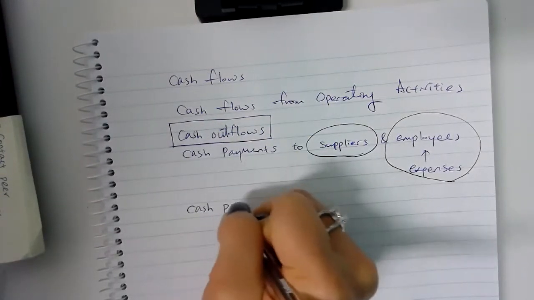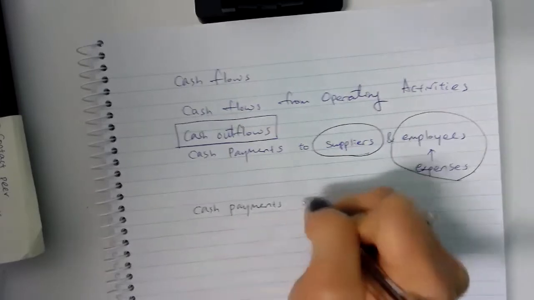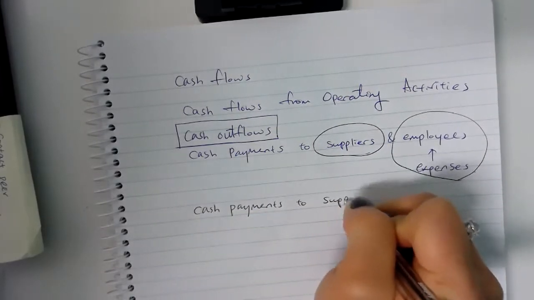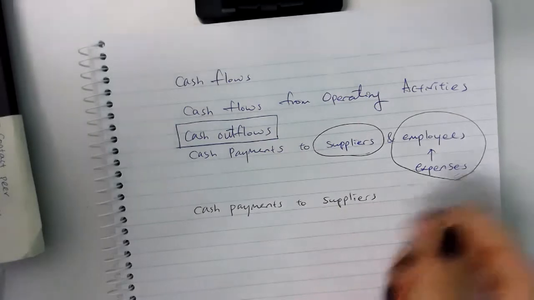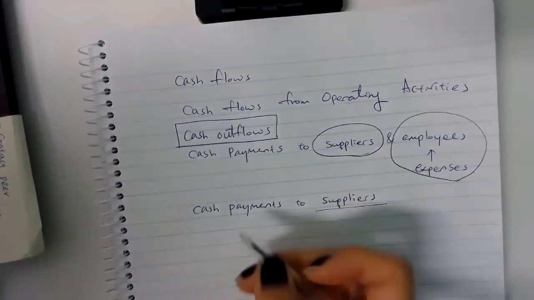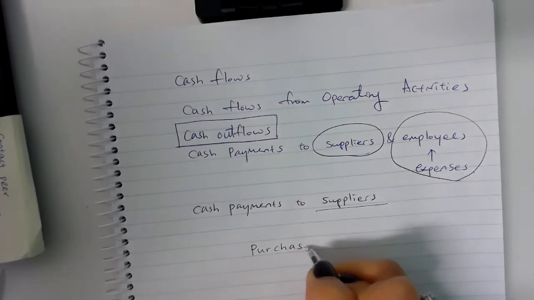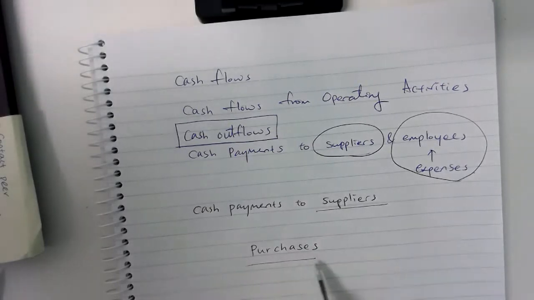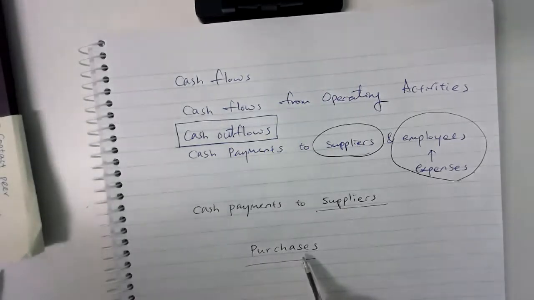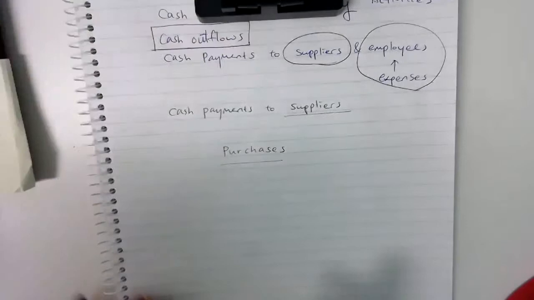So when we think about cash payments to suppliers, essentially we are looking at purchases of inventory. So what we want to know is how much inventory they have bought during the year, and of that, how much have they actually paid?